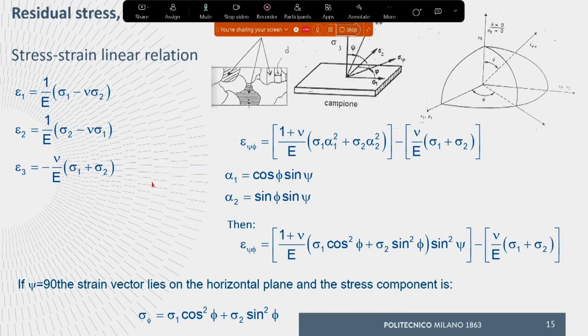Then, when we derive the expression, we find sigma phi, that is in plane. Of course, we cannot have a component out of the plane because the surface is unloaded and free.